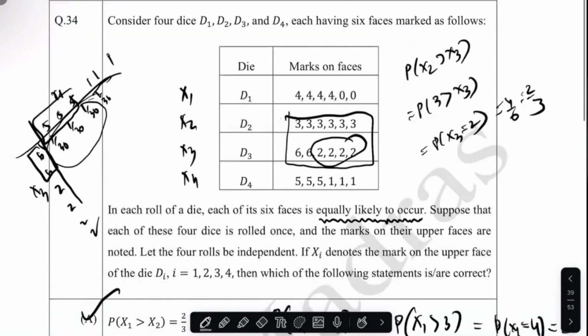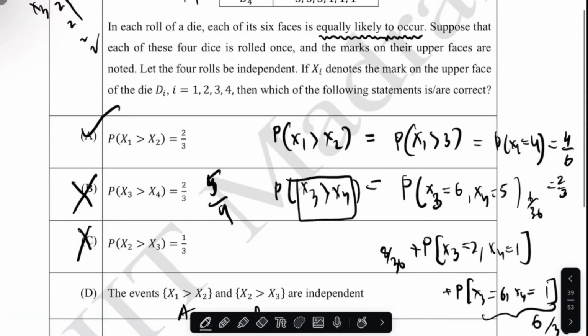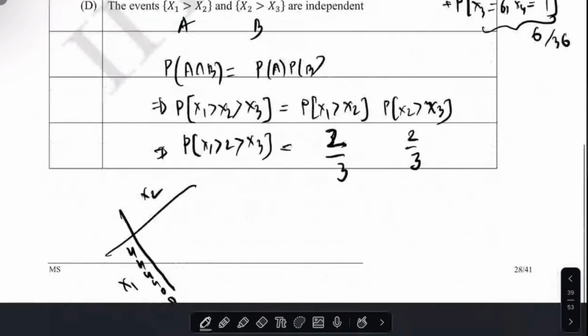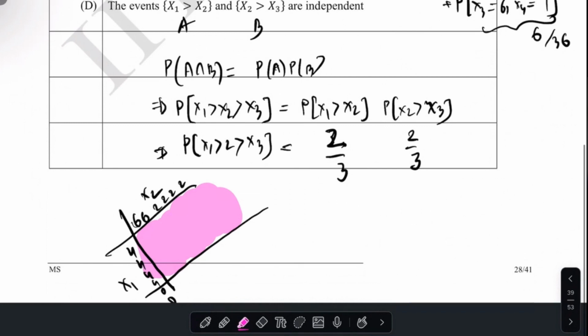X1 can take 4, 4, 4, 4, 0, 0 and X3 can take 6, 6, 2, 2, 2, 2. X1 greater than 3 is in this region, and X3 less than 3 is this region. Earlier I wrote 2, but I think it will be 3.